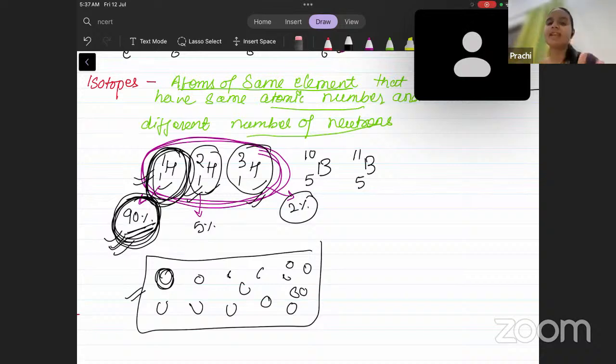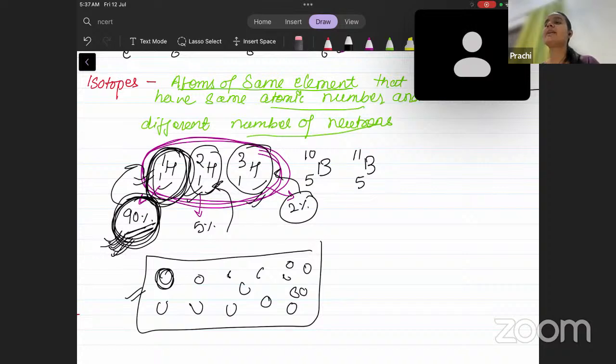We are writing in terms of percentage, so you can understand it as, if I take 100 atoms of the particular element, then in that 90 will be this one, 5 will be this one, and 2 will be this one. So whenever you are asked to pick any atom, the chances are the atom that will come in your hand will be this one, because this is the one which is present in the maximum number, right?